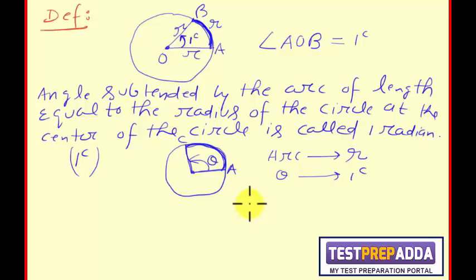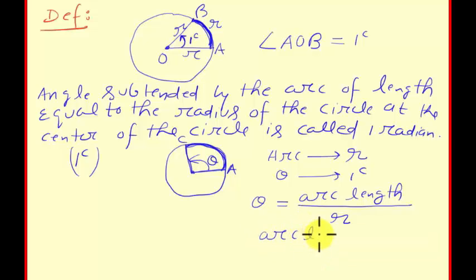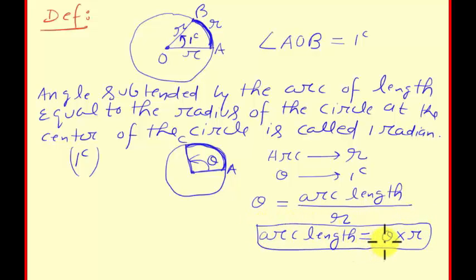So how will you find the angle or amount of rotation theta? It will be arc length upon radius r. Got it? So in future, remember this: arc length is equal to theta into r.